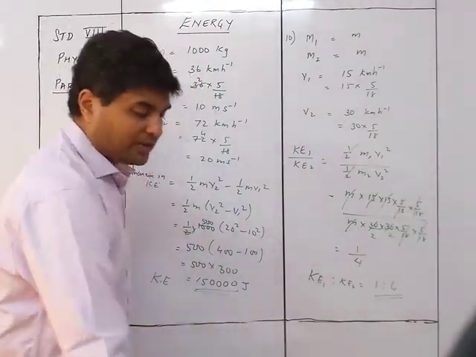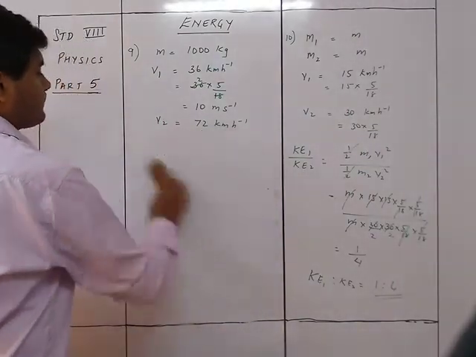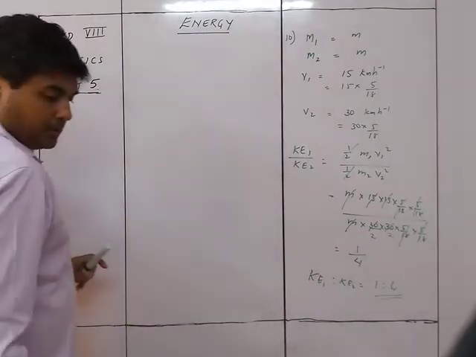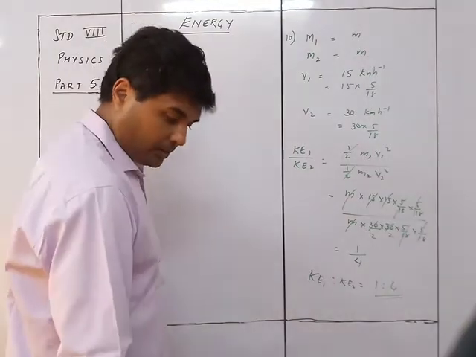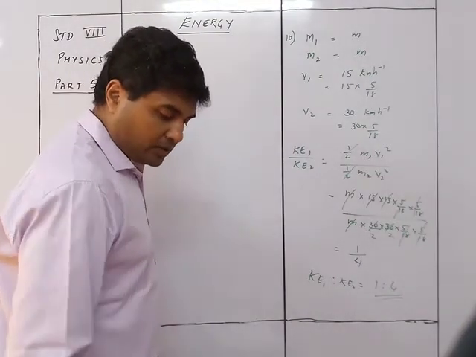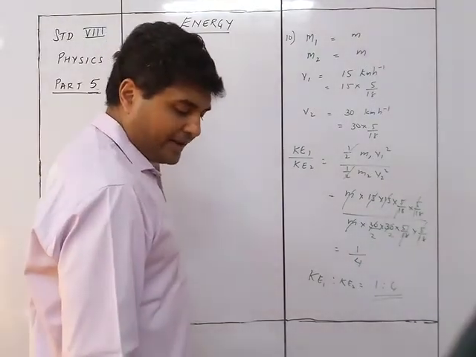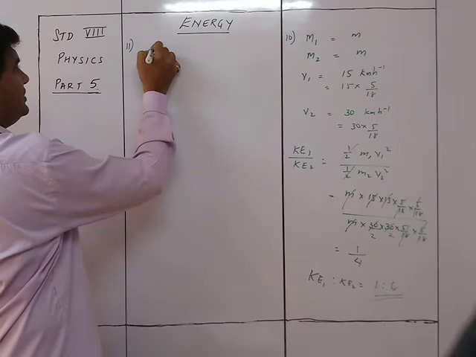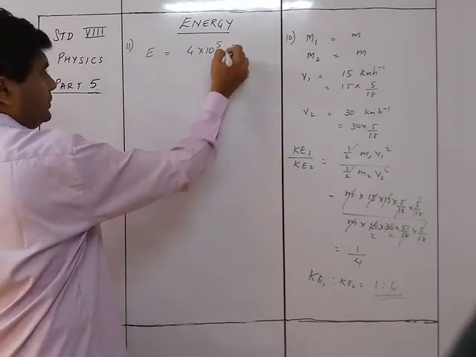We now move on to sum number 11. A pump raises water by spending the energy 4 into 10 raised to 5 joule in 10 seconds. So we are given that energy is equal to 4 into 10 raised to 5 joule.